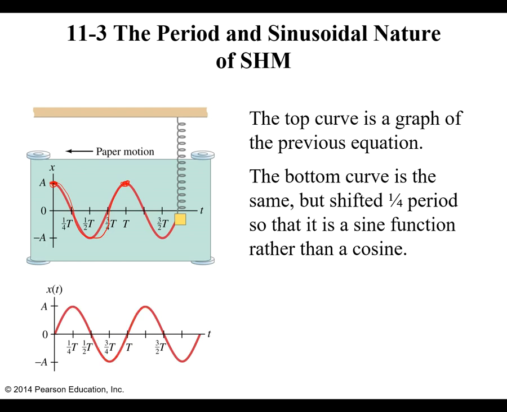And the result is that you end up having a sine function instead of a cosine function. Well, it turns out that both will work, but you do want to use the one that matches where you start. So if you start a simple harmonic oscillator at 0, you'd use a sine function. But if you start at some amplitude A, you'd use a cosine function.